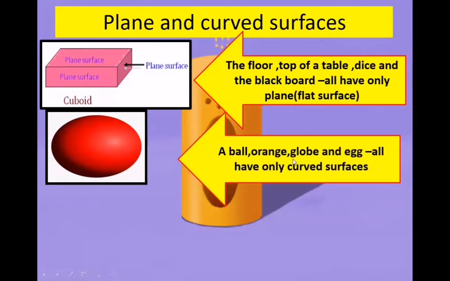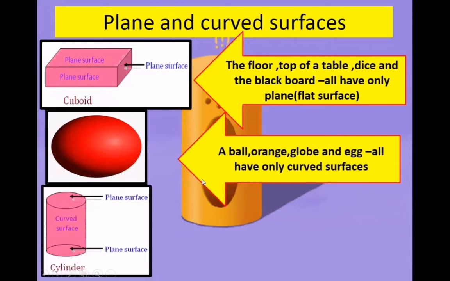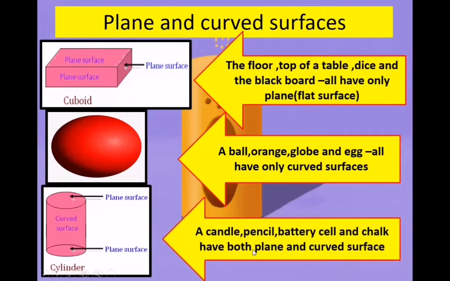A ball, orange, globe, and egg all have only curved surfaces. A cylinder, a candle, pencil, battery, cell, and chalk have both plane and curved surfaces. So a cylinder has 2 plane surfaces and 1 curved surface.